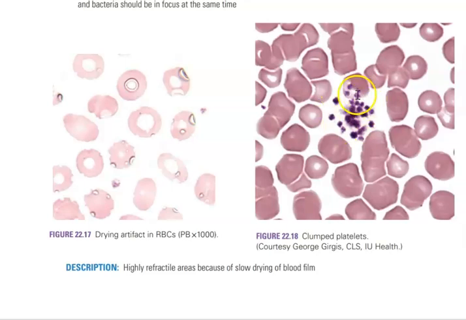So if you end up having a lot of platelet clumps in a sample, you may have to call and get a redraw on a patient, because you don't want your counts to be inaccurate. So that's something to look for, but a platelet clump would be considered an artifact.